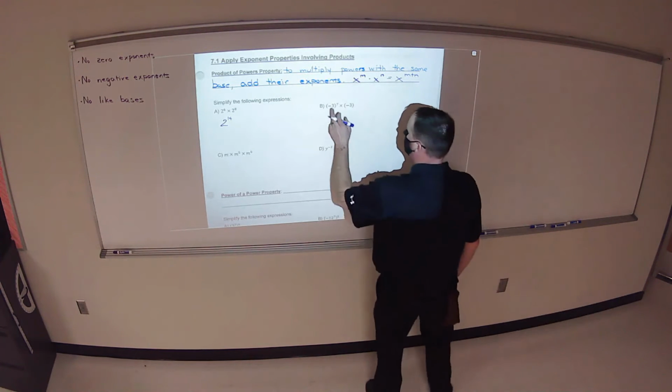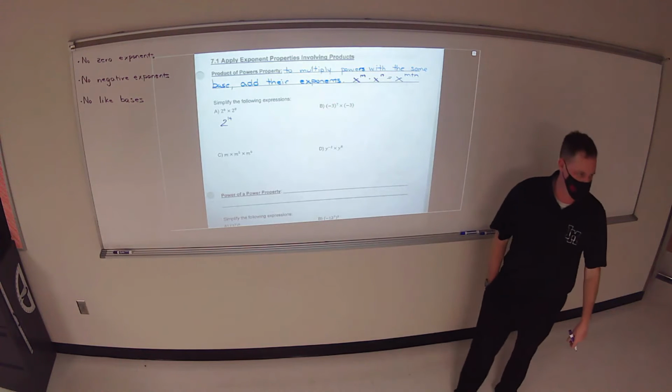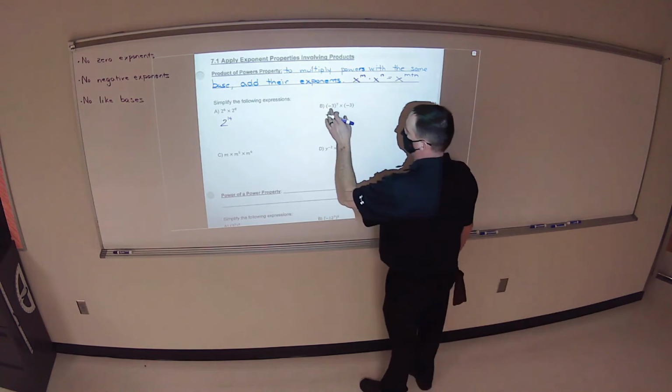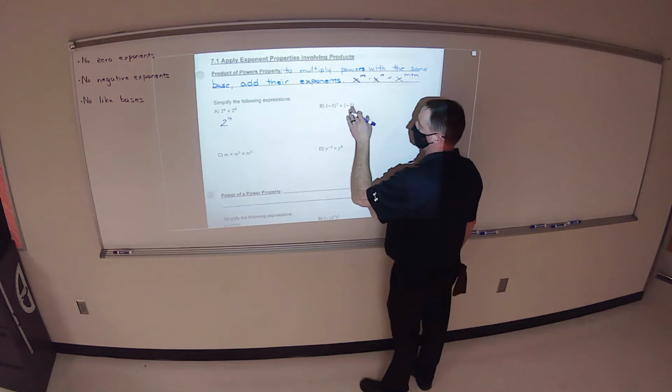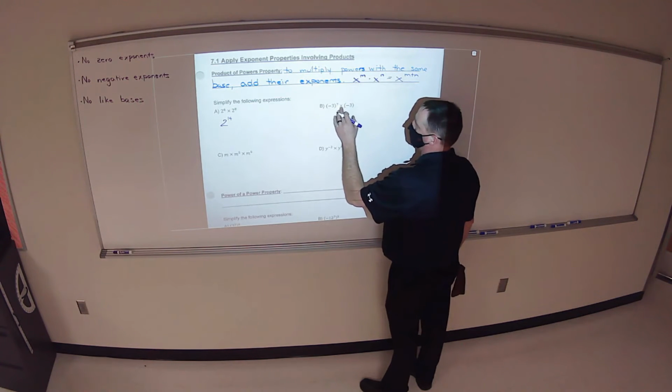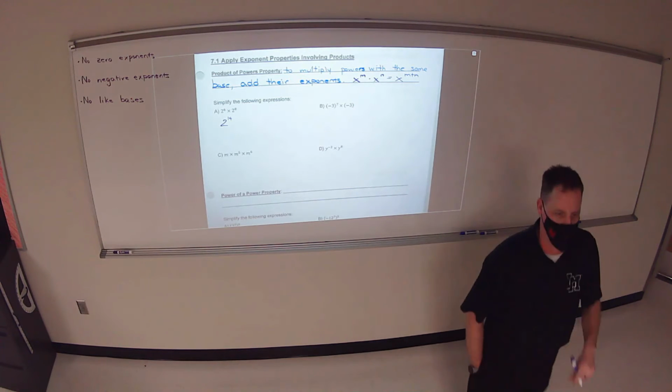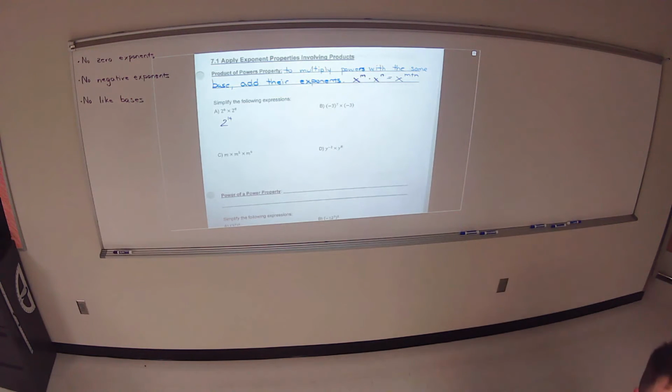Okay? This one sometimes throws us off. We have the same base, -3 and -3. So those 2 are being multiplied together, which should allow me to add my exponents. But here's what throws people off. They don't see the second exponent, so when they go to add it, they just add 7 and 0 to get 7.